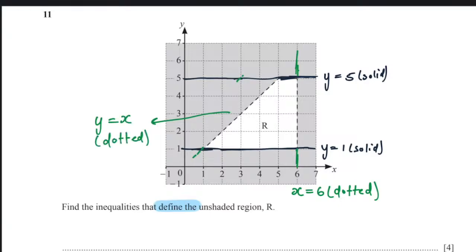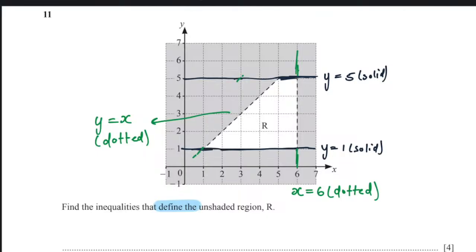Right. Well done. So we have the lines, we can easily make the regions. Now, remember this. The region which is shaded is not the one which we will now write our inequalities on. Remember when we were sketching inequalities, we got the lines first.